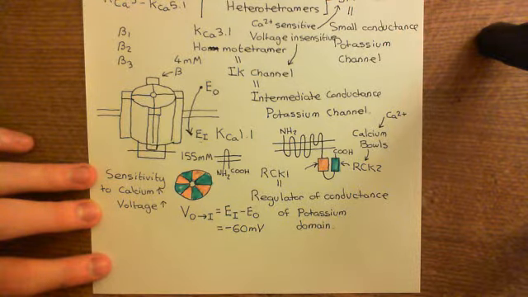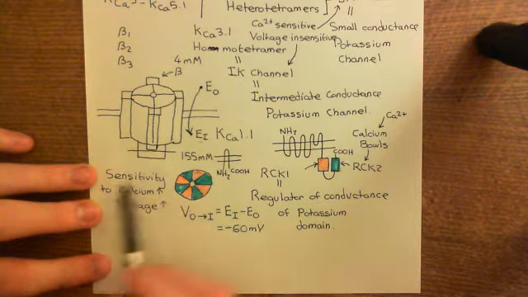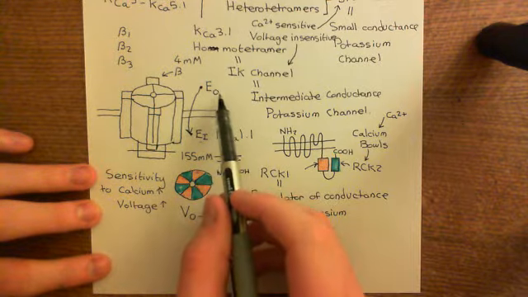That means that the inside of the cell has an electrical potential 60 millivolts lower than the electrical potential outside. It means that if you move from outside to inside, your electrical potential, the number on your screen, will go down by 60 millivolts. So the electrical potential inside is lower than the electrical potential outside.